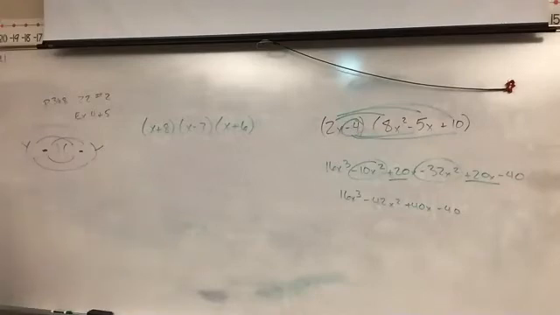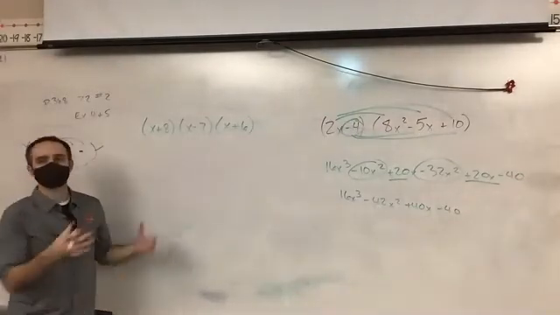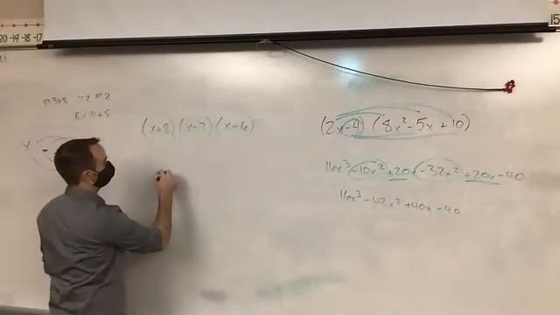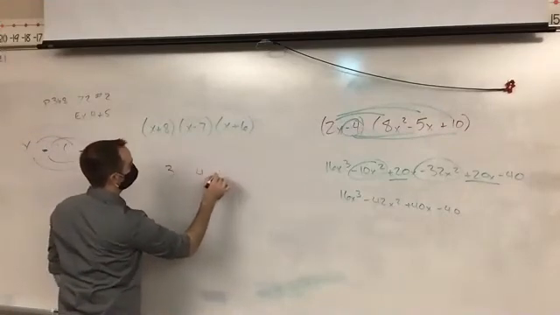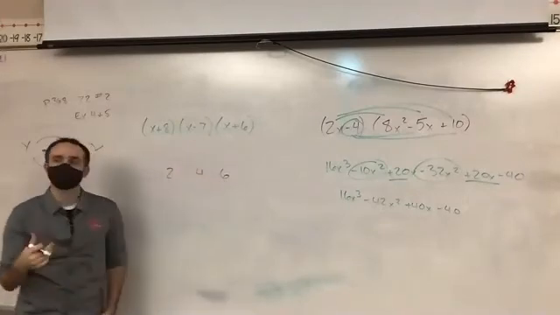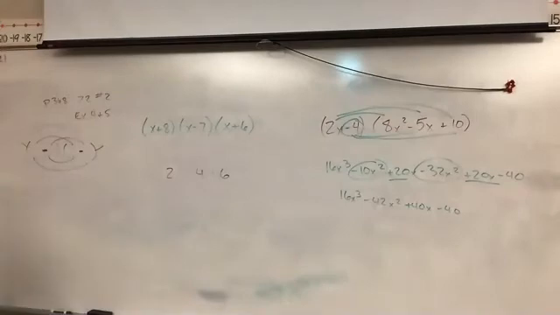So let's think of this as a simplified version. Actually, let's do easier numbers: 2 times 4 times 6. I want you to think if whatever you decided to do is going to work for this.